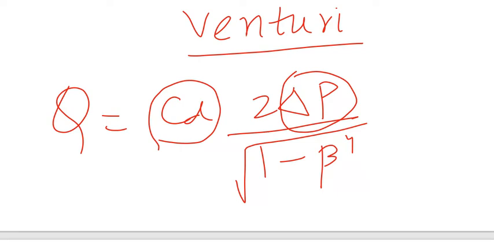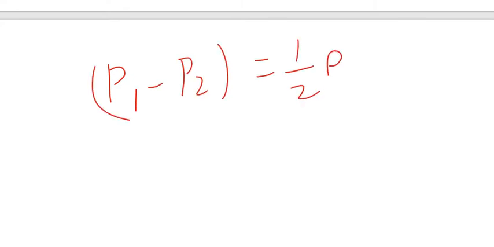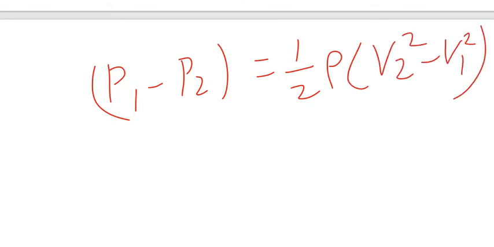So that's why this is delta P based on frictionless flow. So if there is frictionless flow, your delta P is this. So this is the pressure drop due to change in area only, assuming there is no friction.